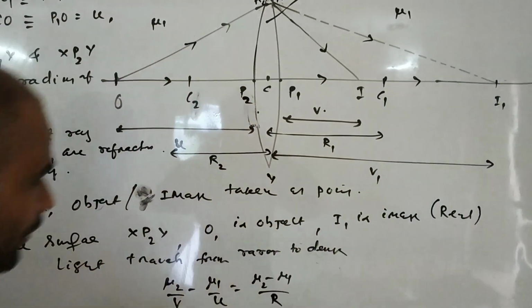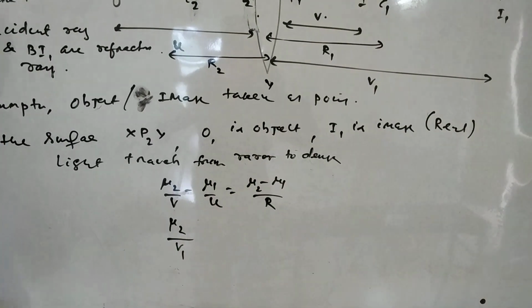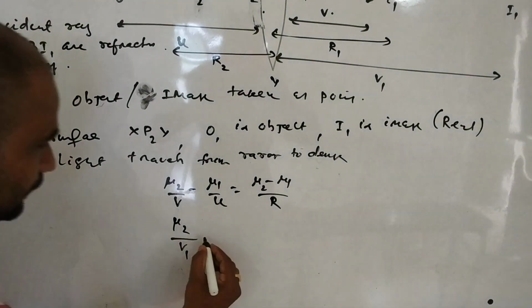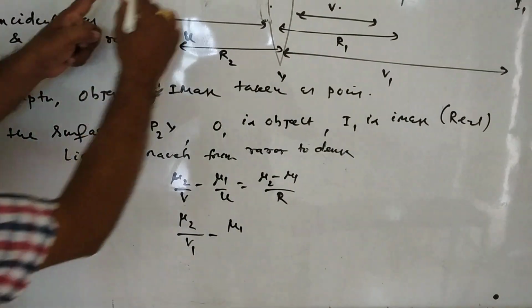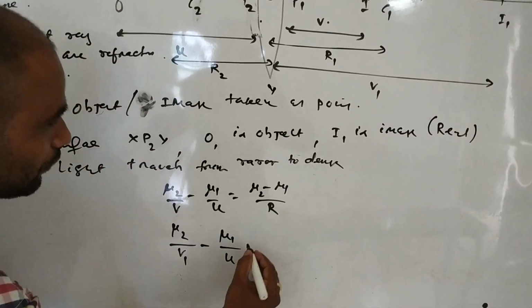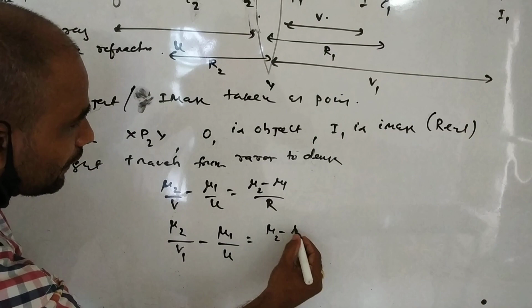And mu1 by u, where u is the object, stays as mu1 by u equals mu2 minus mu1 by r.